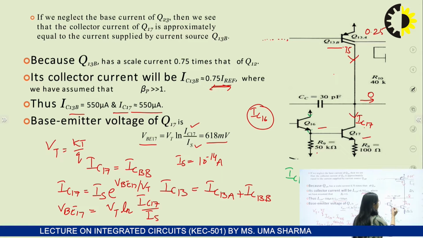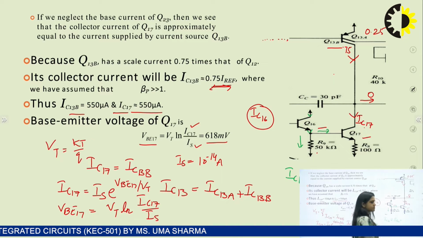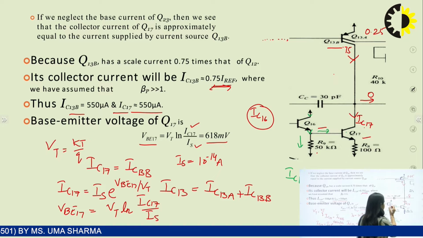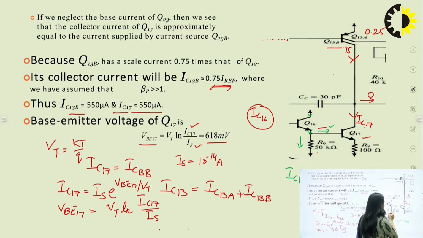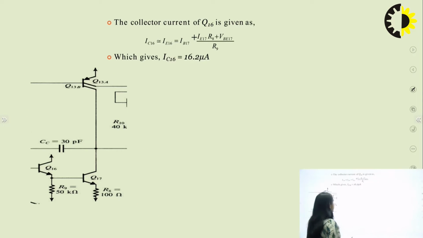If this is IE16 at this node, this current is going in this direction as well as in this direction, right? So we can apply KCL at this node, and IE16 can be given as IB17, this current component, and here this current can be written as IR9, that means the current flowing in the R9 resistor. So we have to solve this equation to get the value of IC16, which is nearly equal to IE16.